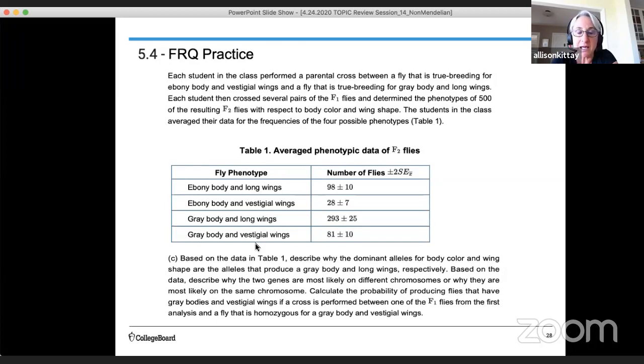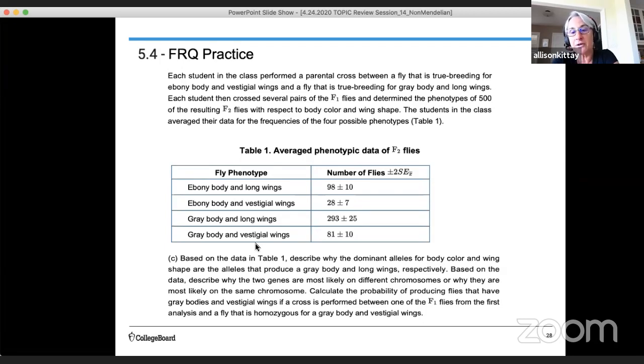So based on this data, describe why the dominant alleles for body color and wing shape are the alleles that produce gray body and long wings. Okay, and this is 3 parts. Then, based on that data, describe why the 2 genes are most likely on different chromosomes or why they are on the same chromosome. So in other words, are they linked or not linked?